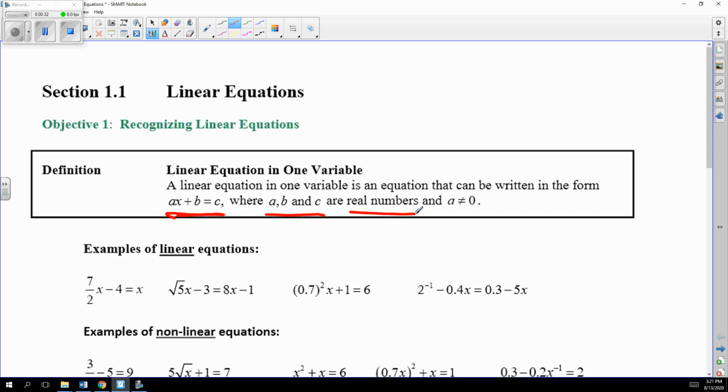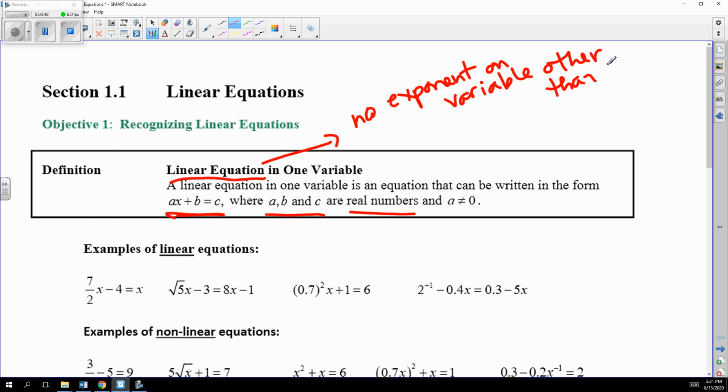Another thing I want you to keep in mind is that a linear equation has no exponent on the variable other than 1, and it would have no variables in the denominator of a fraction, and you would also have no variables under a radical.